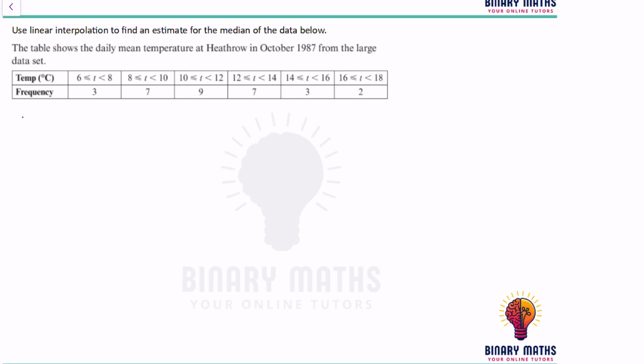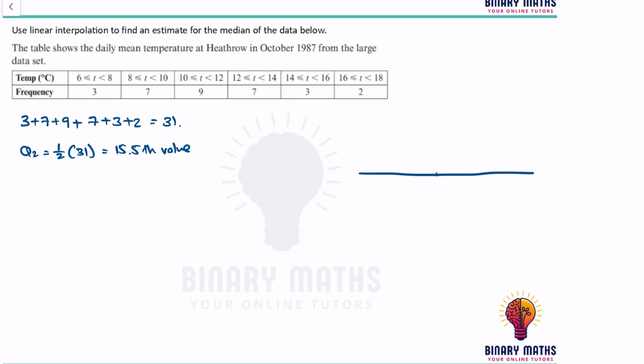First thing I would do is work out the total frequency: 3 plus 7 plus 9 plus 7 plus 3 plus 2, which is equal to 31. I'm trying to work out the median, so Q2 is equal to half of 31, which is the 15.5th value.